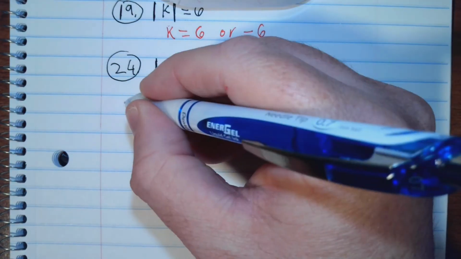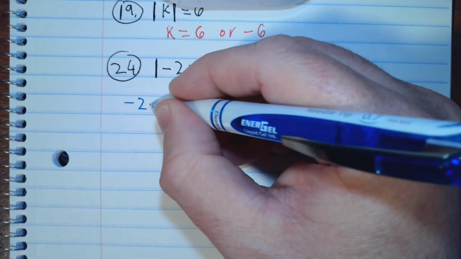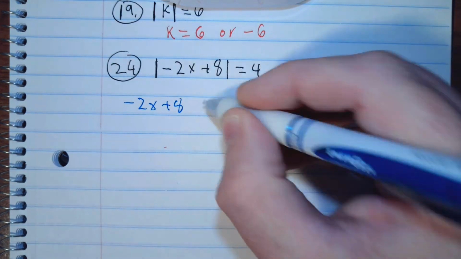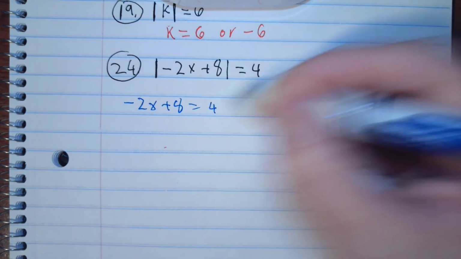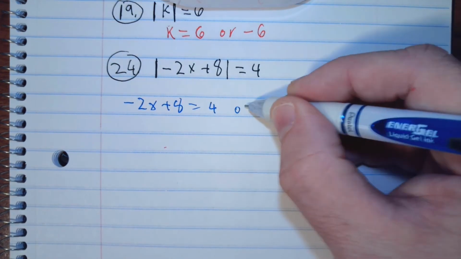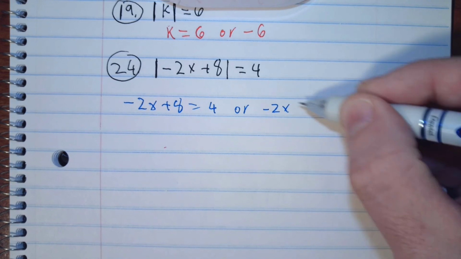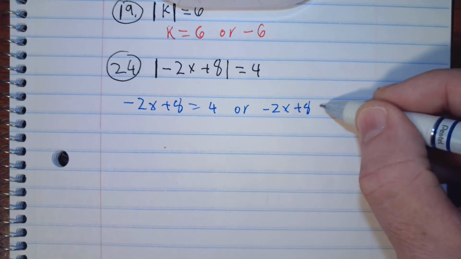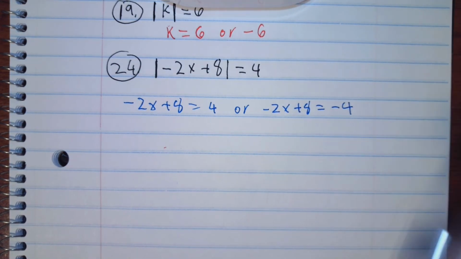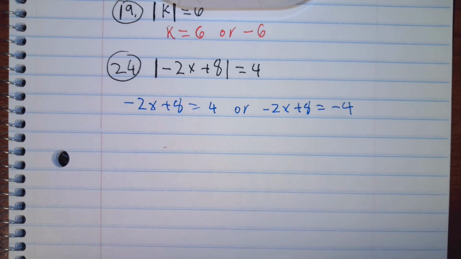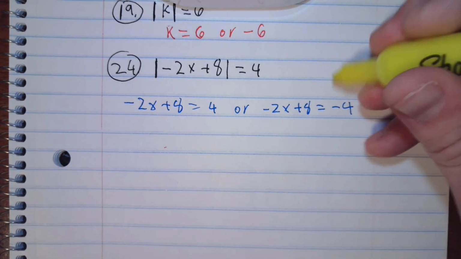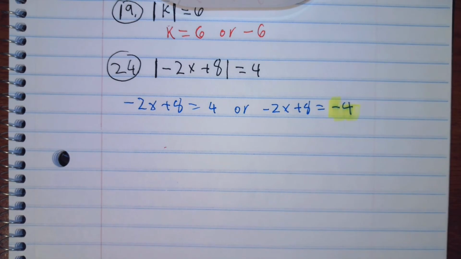So this is going to be negative 2x plus 8 equals 4. Negative 2x plus 8 equals negative 4. Okay, so the only difference here that I see is I wrote the same problem down, but I switched the answer. So we have a positive and a negative answer. That's how we're going to do this particular one.